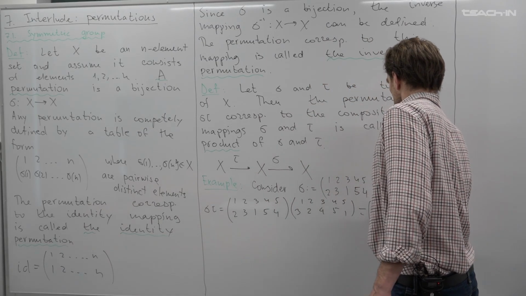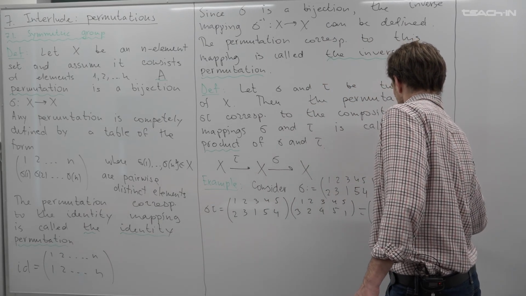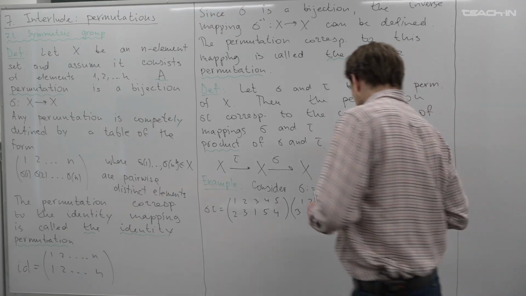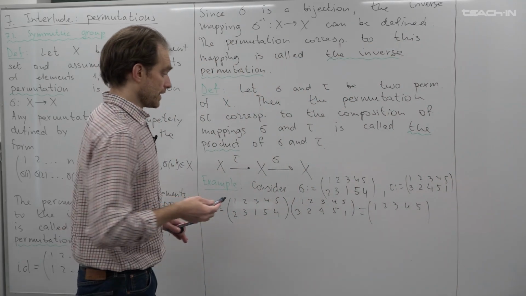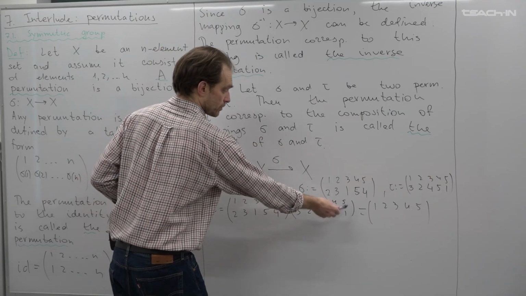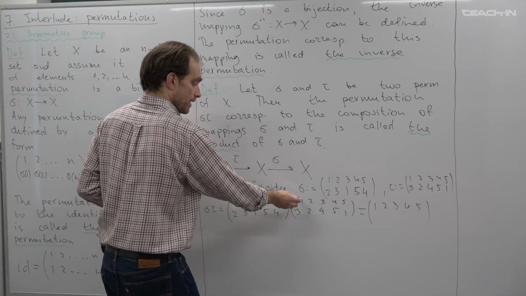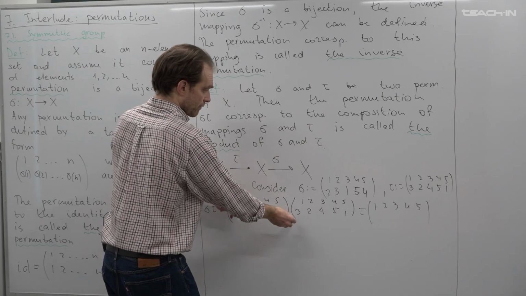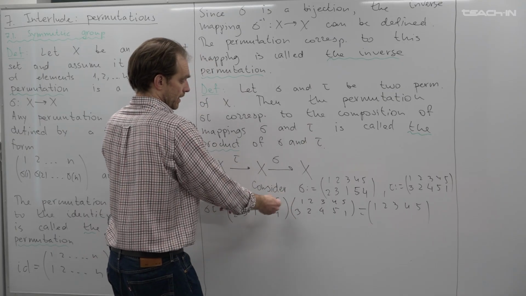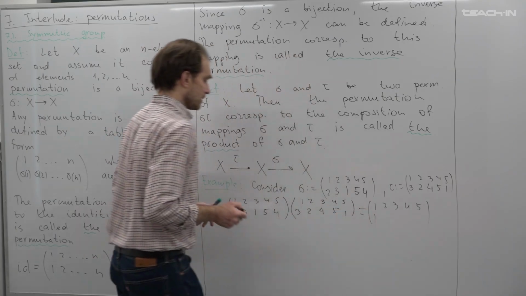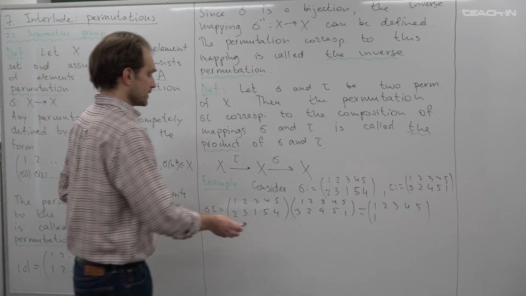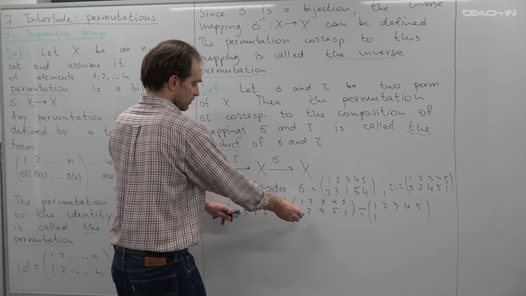So I will write 1, 2, 3, 4, 5 here, and then let us look at this permutation. So first we apply this permutation. So here 1 goes to 3, and then 3 goes to 1. So when we apply the composition, then 1 goes to 1. Okay, so what happens next? So here 2 goes to 2, and then 2 goes to 3.